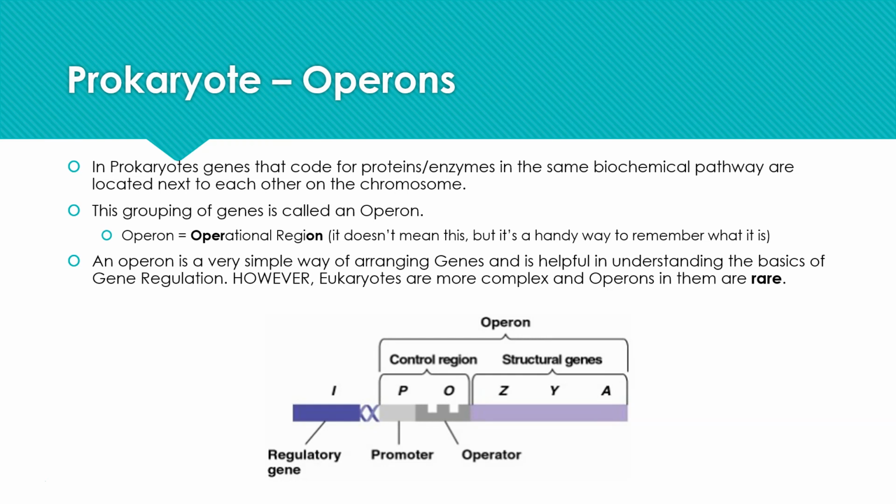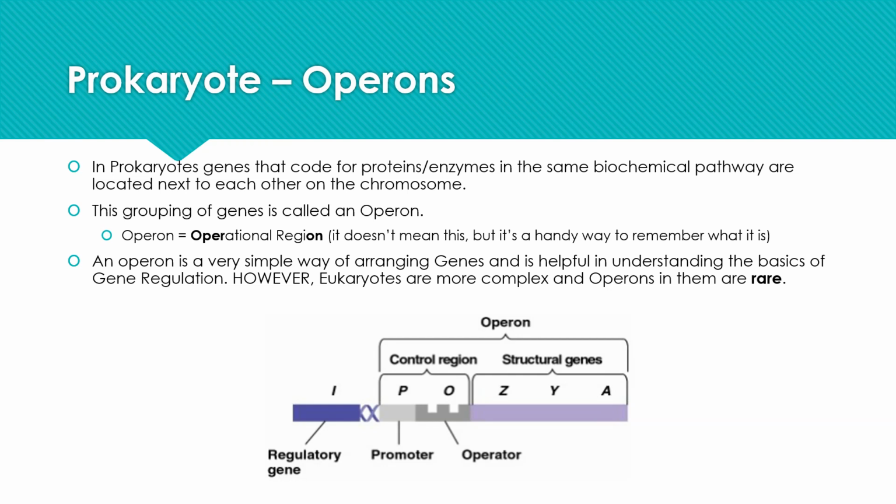You can think of operon meaning something like operational region. It doesn't actually mean this, it's just a handy way to remember the term. An operon is a region of things that operate together. It's a very simple way that we can group genes, but it's really useful for understanding the basics of gene regulation. And it's also really useful for having simple gene regulation, which is what a prokaryote will want.